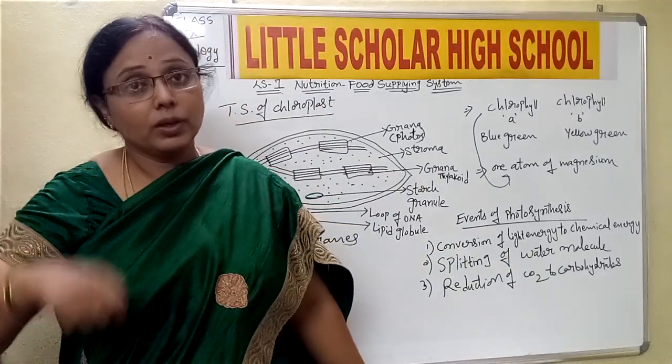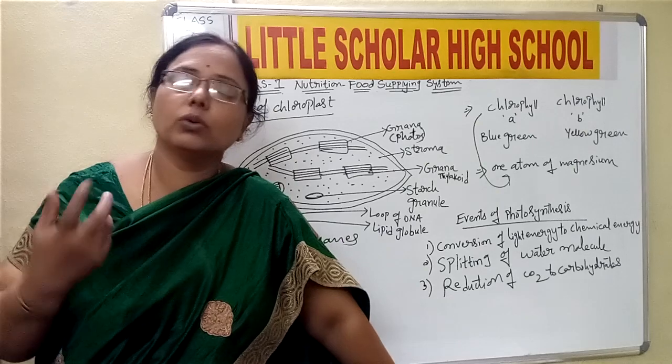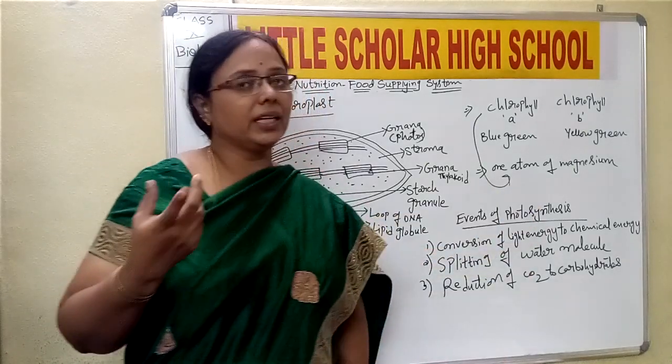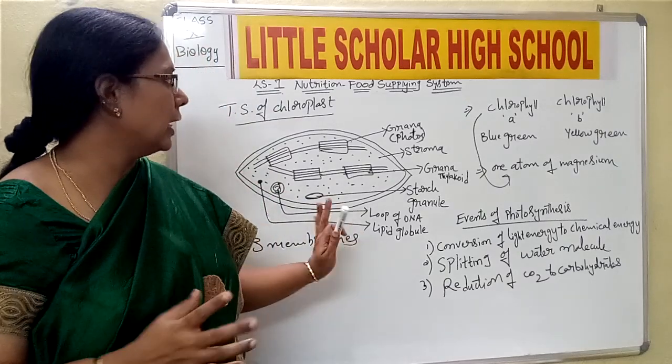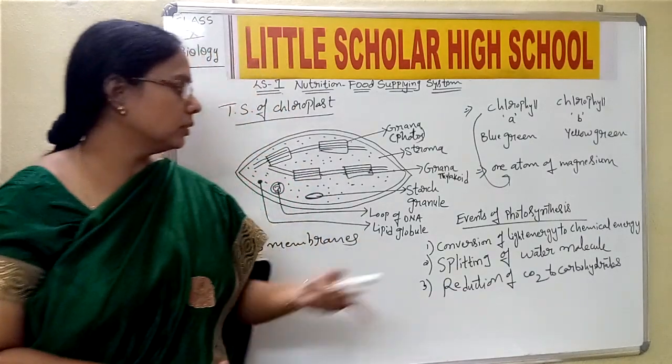One more question is, chlorophyll is made up of one atom of which mineral? That is magnesium. Okay children, this is the simple concept of chloroplast in the lesson.